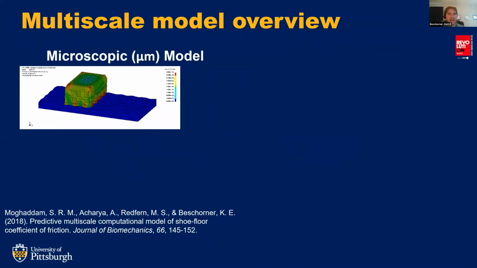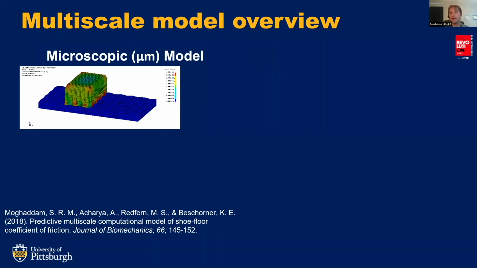So it's a mechanical phenomenon, something that can be modeled in mechanics software, and finite element analysis is a really great way to simulate material mechanics. We developed what we call a multiscale model, which means that the model operates at more than one scale.